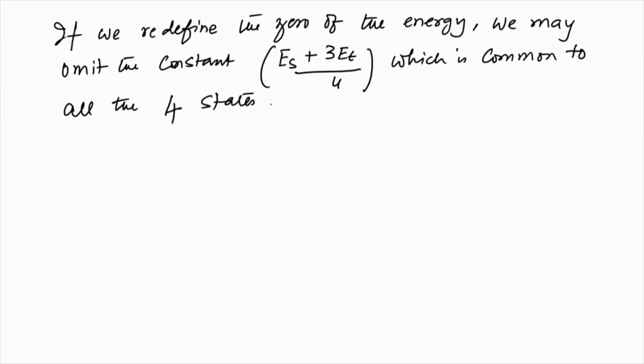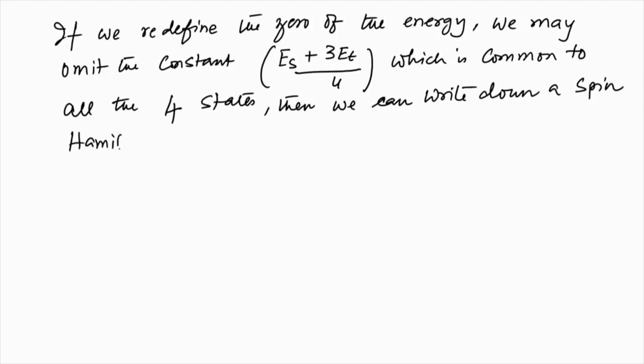Then we can write down a spin Hamiltonian as H equal to J into S1 dot S2, where J is nothing but the difference between the singlet and the triplet energies.